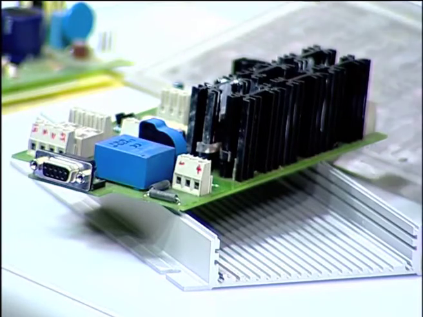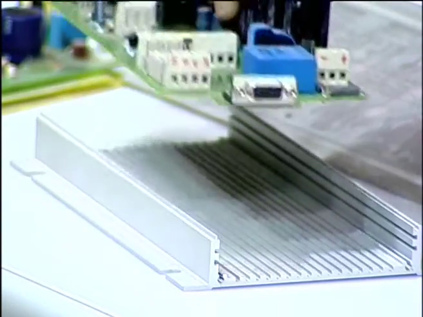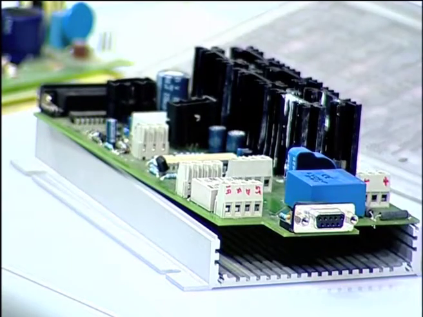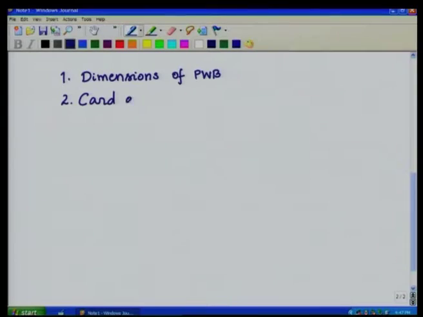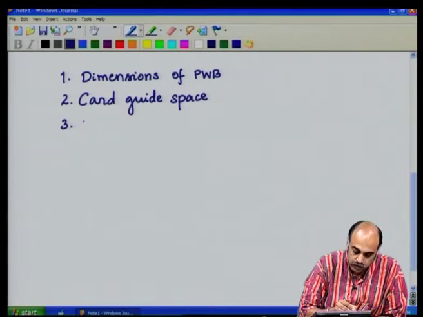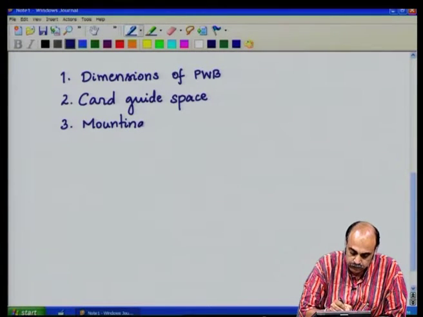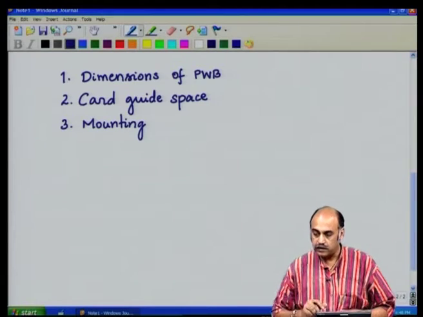There is also another issue of mounting holes. So, card guide space and mounting holes, you need to address this space right at the beginning.